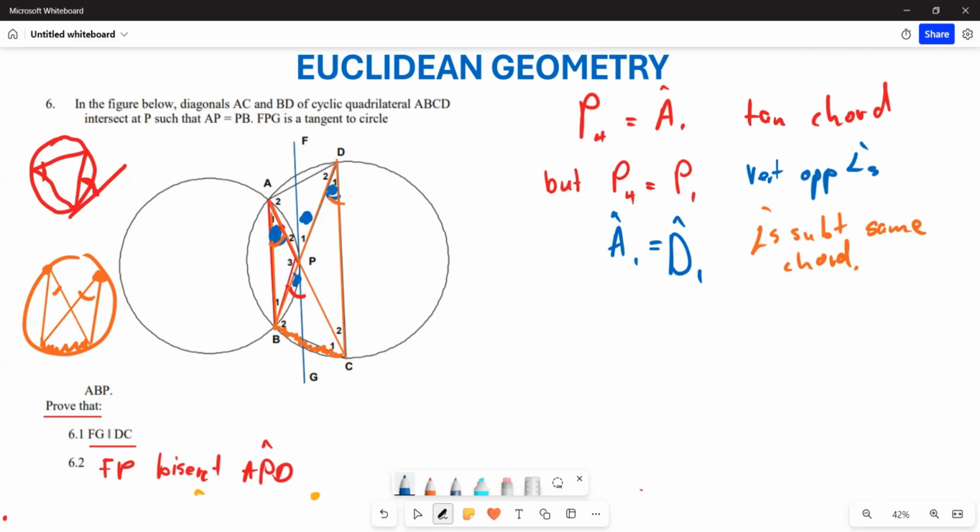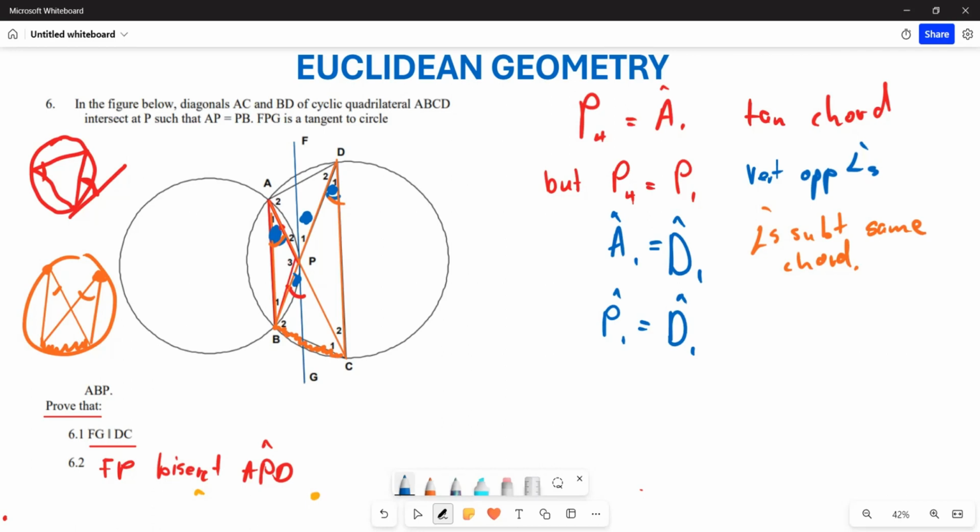So I can quickly conclude that my angle P1 is equal to D1. I don't even need a reason for that because I've already provided reasons that justify all these particular angles.